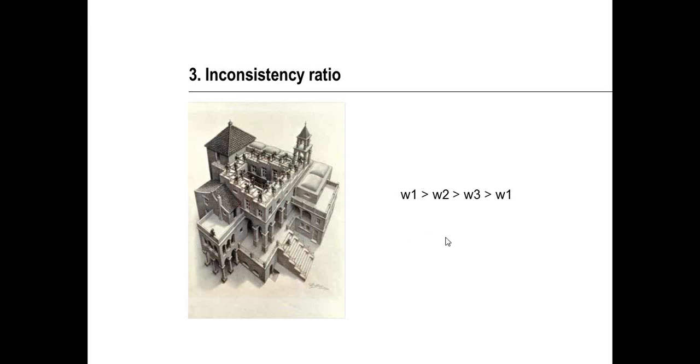If you as a decision maker say the first criterion is more important than the second one, which is more important than the third one, but the third one is also more important than the first one, in a mathematical way this isn't possible, and then the system would say, well, these judgments appear to be not plausible, so it might be wise to revise some of these judgments because this combination of judgments is really strange.